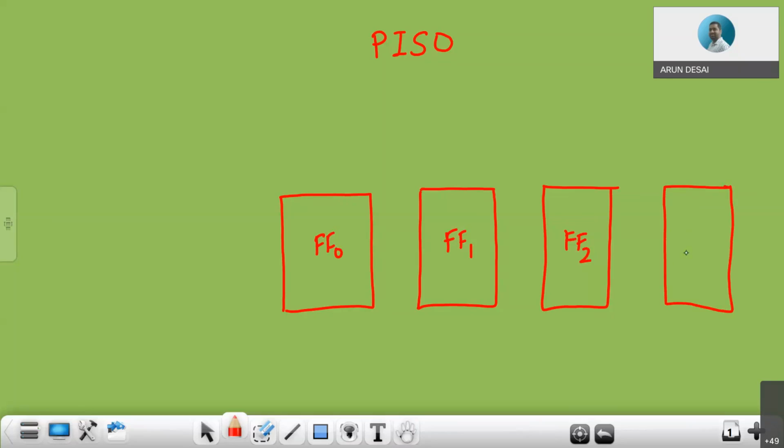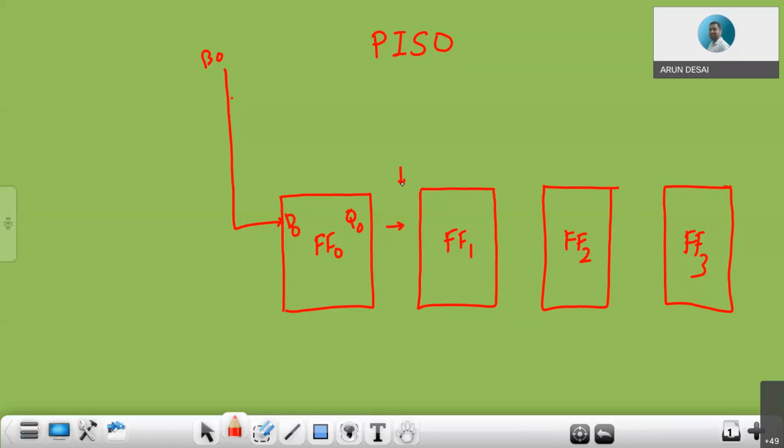You can consider any flip-flop with any number, right? But what you need to do is to pass one there, right? So parallel in, that means data could be entered parallelly, right? So this is my bit 0. This is my D0, Q0, right? And it could go out serially. That means data connection should be in this way also and in this way also.